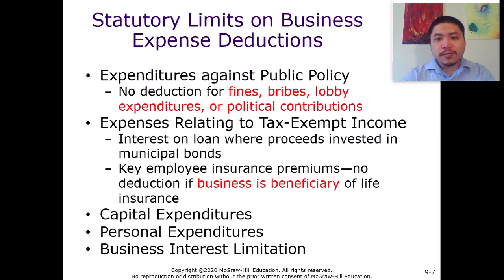And then the other two items, lobby expenditure and political contributions, even though they're not illegal, you can consider them as not being an ordinary and necessary kind of expense.